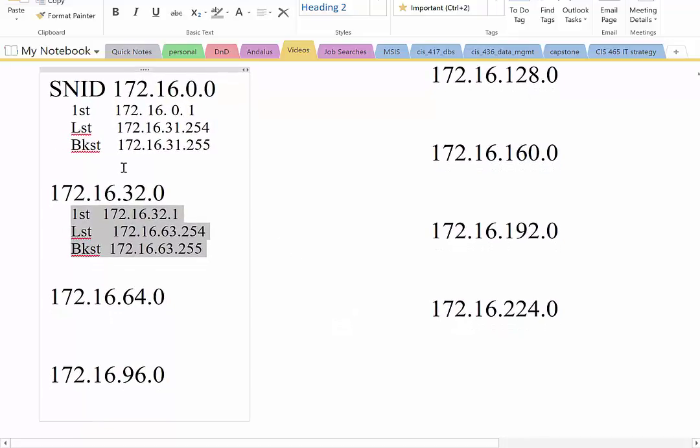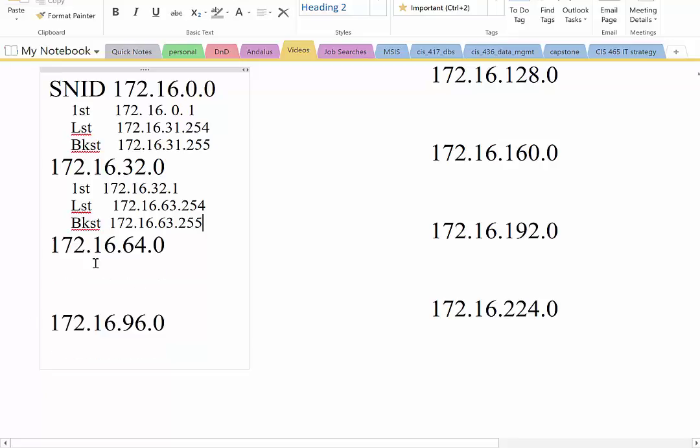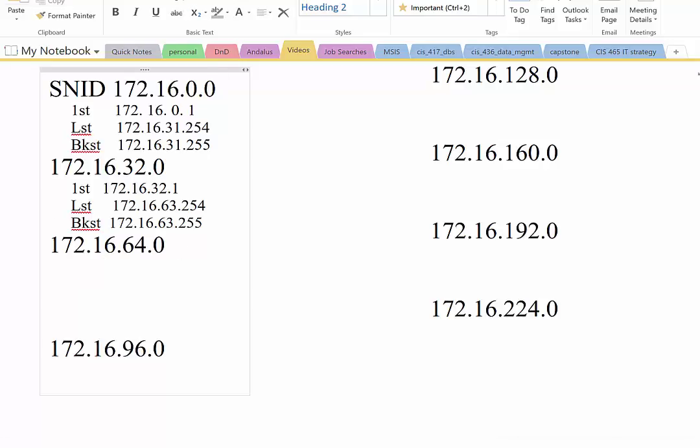All right, continuing on. I got some extra spaces here, so I'll just go ahead and backspace. First usable is 172.16.64.1.